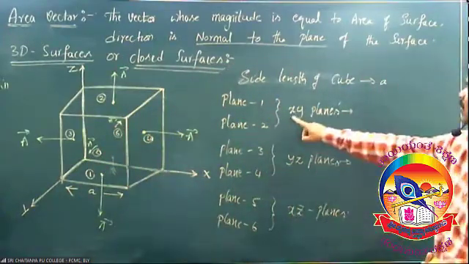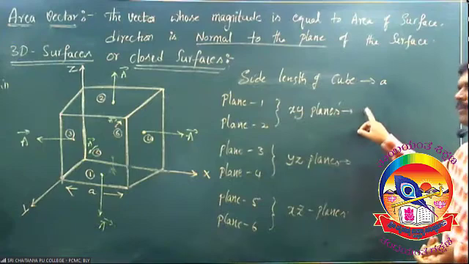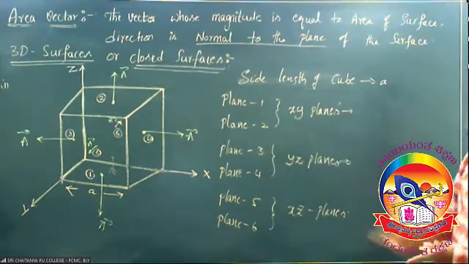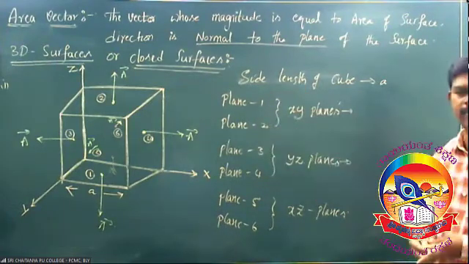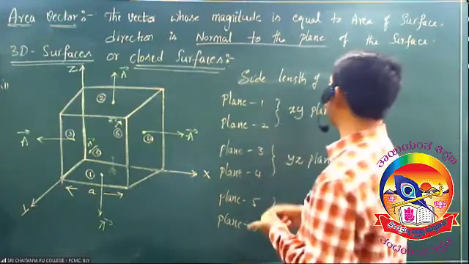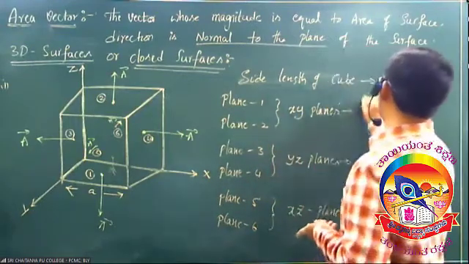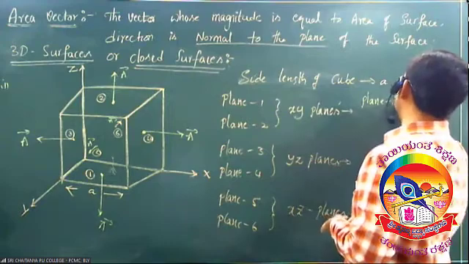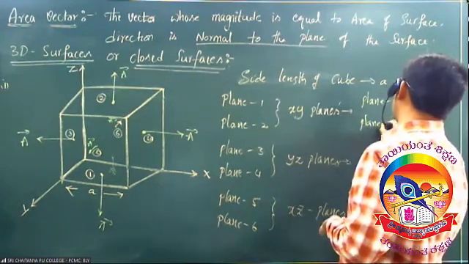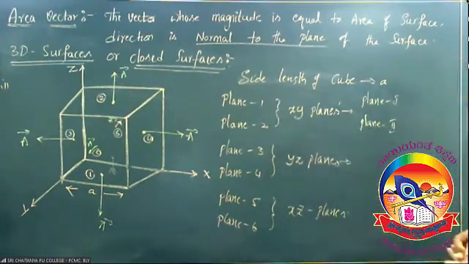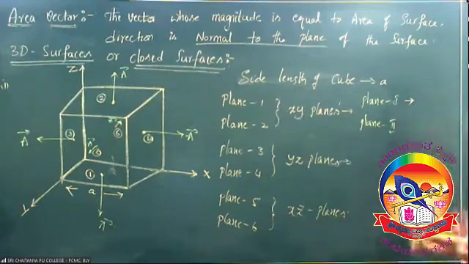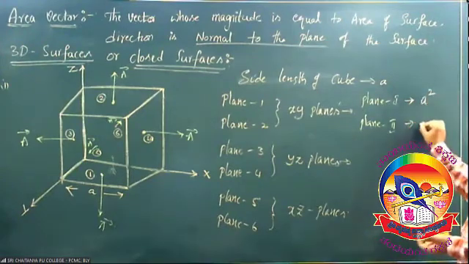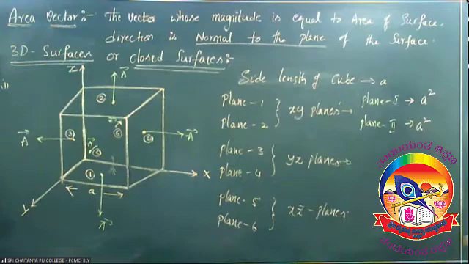Tell me now, if it is xy plane, what is the area vector for that plane and for this plane? So xy planes, plane 1, plane 2. What is the area vector for this plane? Magnitude is a square. For this also magnitude is a square. Direction is what?